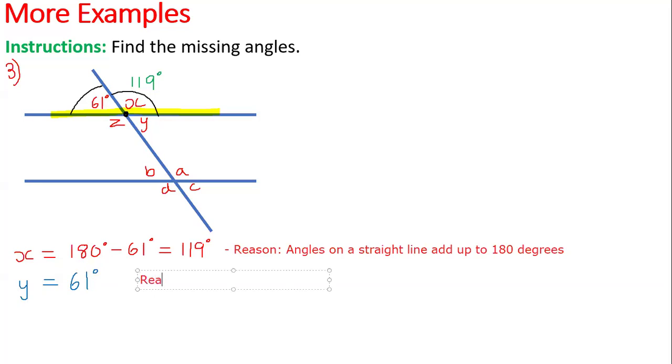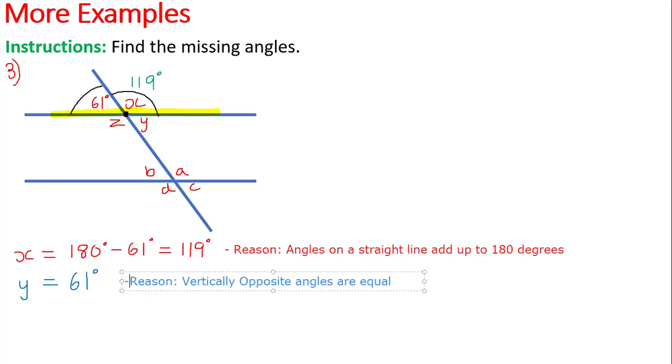So the reason is vertically opposite angles. You learned this yesterday. Vertically opposite angles are equal. That's why Y is equal to 61.